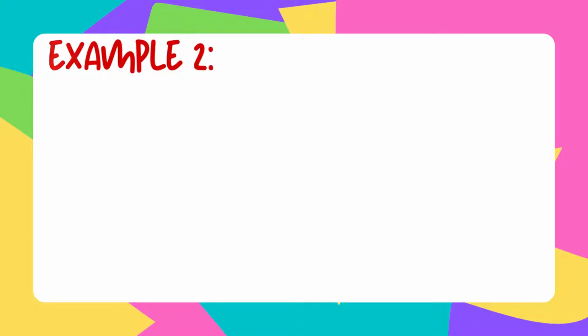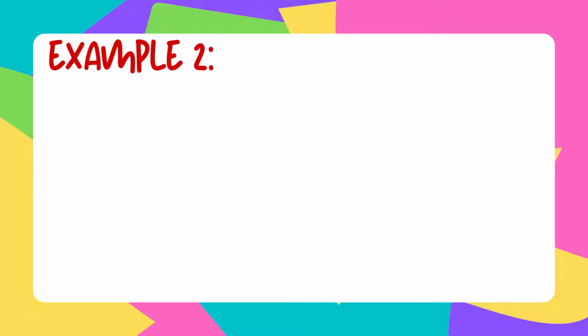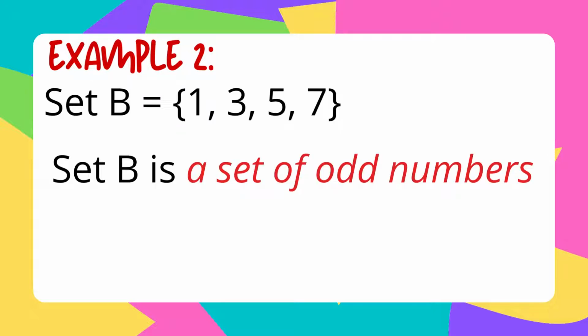Let us proceed now to example number 2. Set B is a set of numbers with elements 1, 3, 5, and 7. Will you describe the elements of set B? Correct.